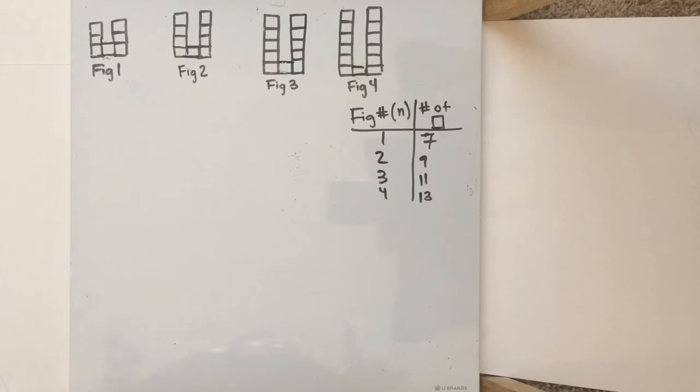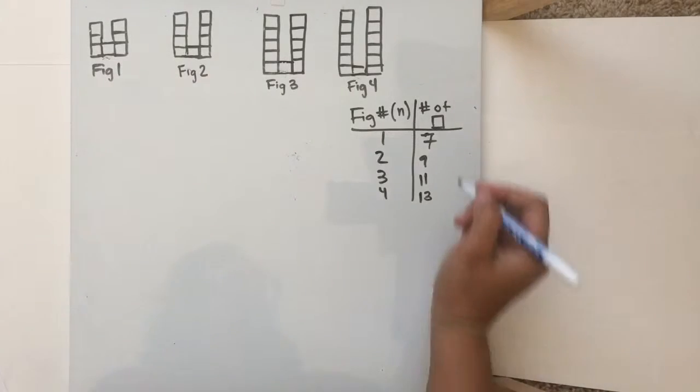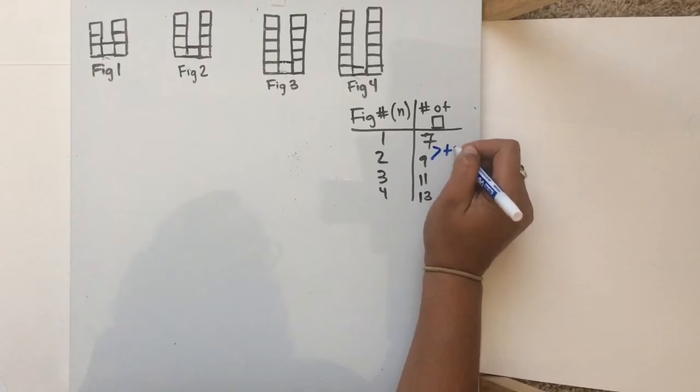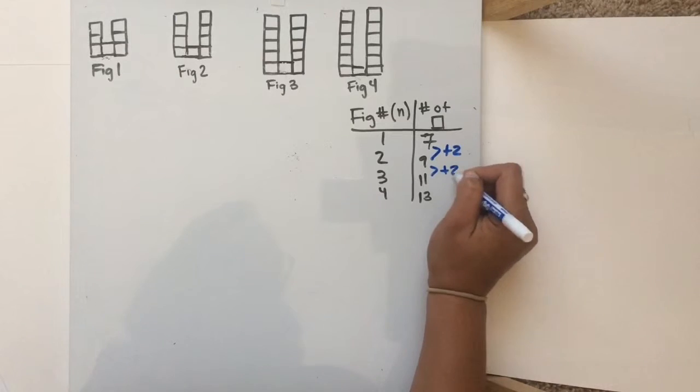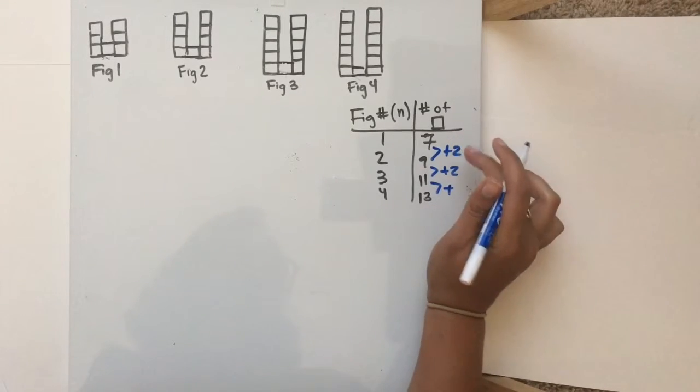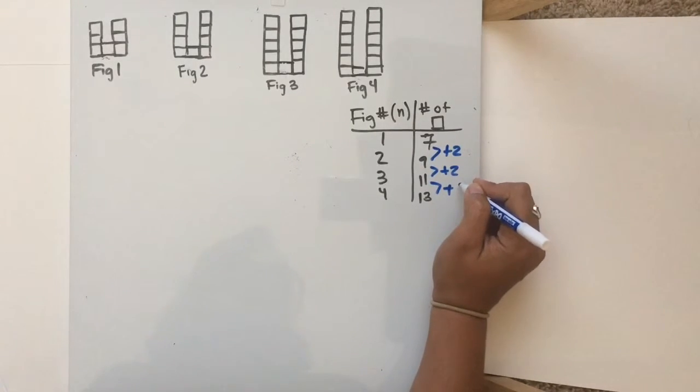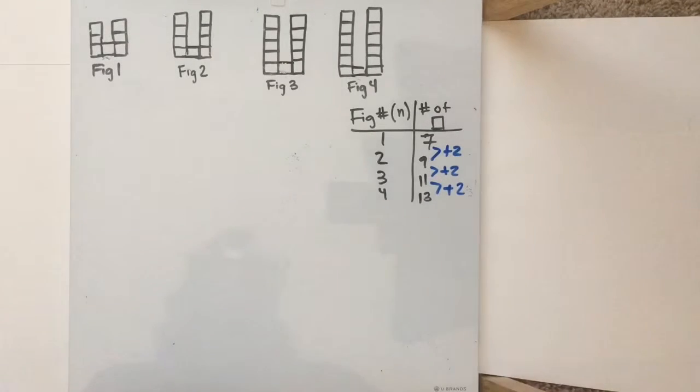Figure 1 has 7 squares, figure 2, 9, figure 3, 11, figure 4, 13. And in doing so, I noticed there is a relationship of plus 2 as it goes. So 7 plus 2 is 9, 9 plus 2 is 11, 11 plus 2 is 13. That'll later help us in both of the equations.